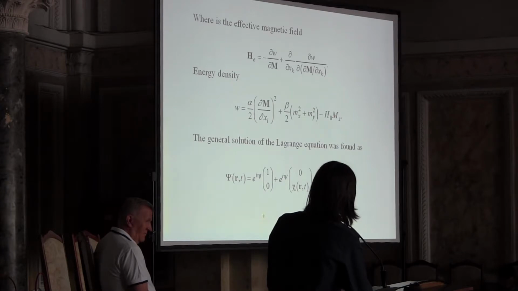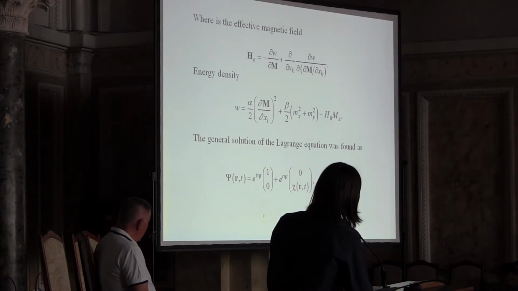The solution of this equation we found in this form, where the first part describes the main state of the magnetic moment of the atom, pointing in the direction of the external magnetic field.